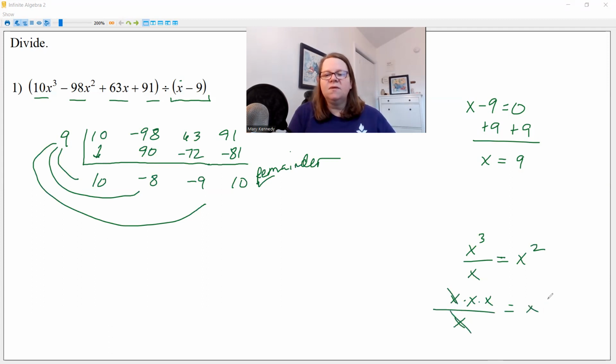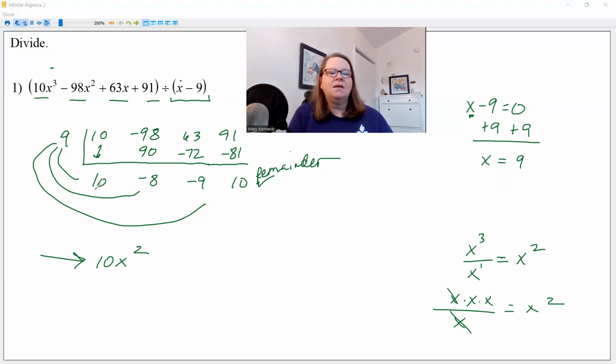It leaves us with 2 of them. 3 minus 1, the exponents, leaves 2. So essentially, if the first term is x cubed, the answer is going to be raised to the next lower power. So it will be x squared. If it had started x to the 4th and we took out an x in our divisor, then it would be x to the 3rd here, but it's x cubed.